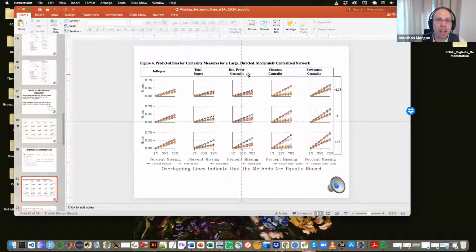But we also have Bonacich centrality. For people who are not quite familiar with it, if total degree says you have power due to connectedness, Bonacich centrality says, well, actually, we should think of connectedness and power as distinct from each other, and that there's such a thing as relational dependence, right?